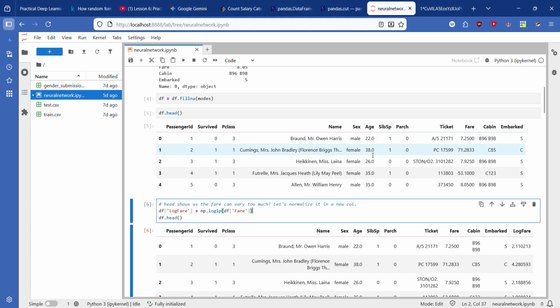For example, age is always going to probably be a bit smaller on average than the fare, because the fare seems to be able to go up and down in terms of cost, whereas age seems a little more consistent.